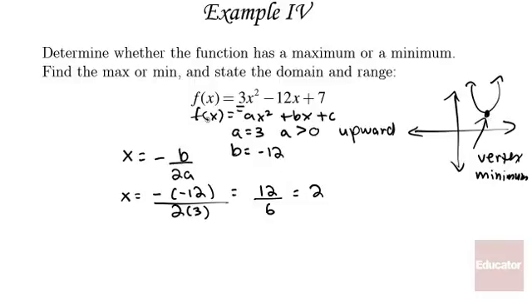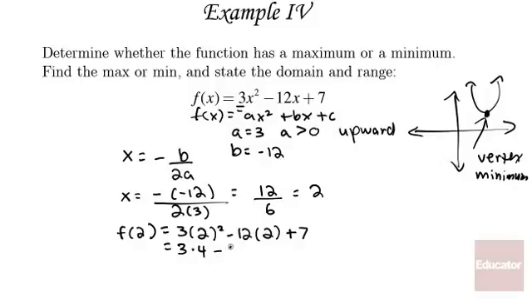To figure out the y-coordinate, I'm going to figure out f of 2, which is going to be 3 times 2 squared minus 12 times 2 plus 7. So this is going to give me 3 times 4 minus 12 times 2 is 24 plus 7.